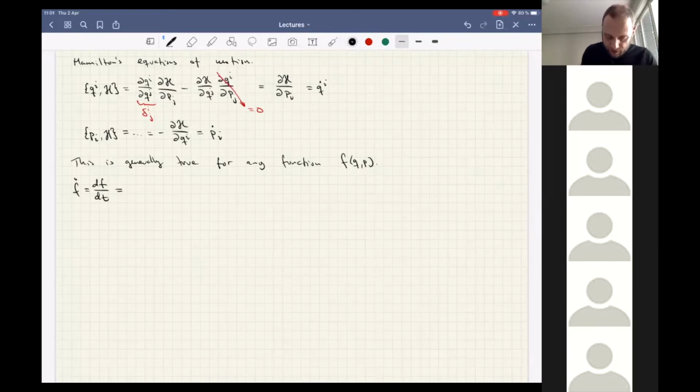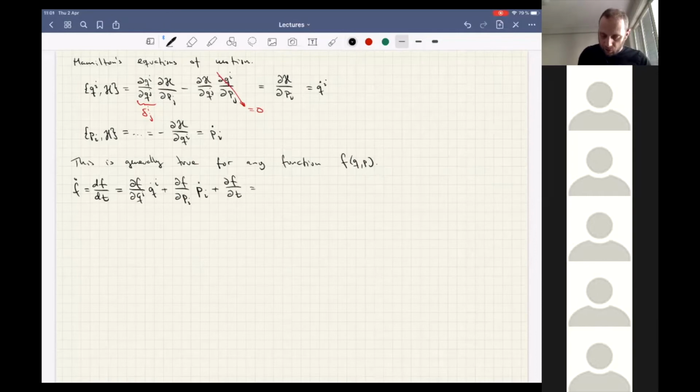So this is ∂f/∂qi times q dot i, plus ∂f/∂pi p dot i, plus ∂f/∂t.